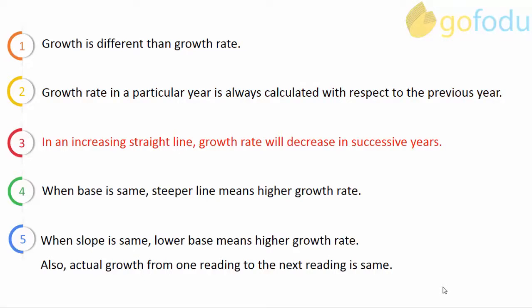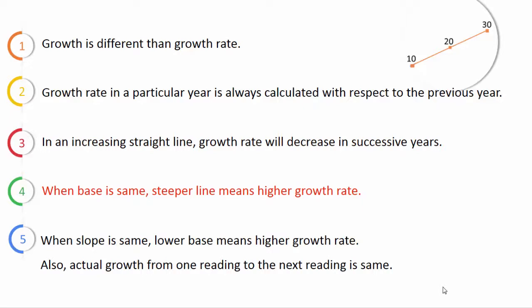Next, in an increasing straight line, growth rate will decrease in successive years. This we saw when we compared the growth rate of B in 2017 to the growth rate in 2018. Slope same, growth same, but still the growth rate in 17 was higher due to lower base.